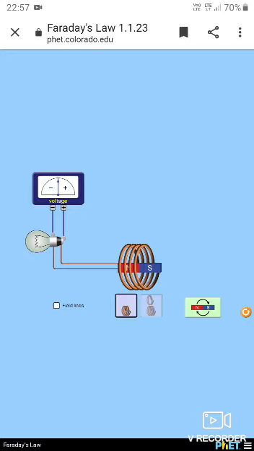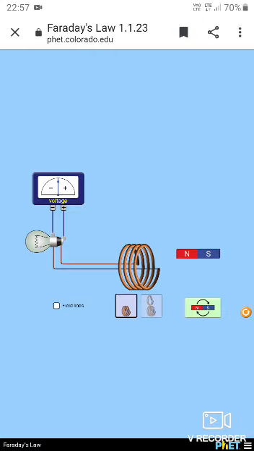That means a stationary magnet will not induce electric current in the circuit. Remember, the current is induced only when there is a change in the magnetic field around a current carrying conductor.